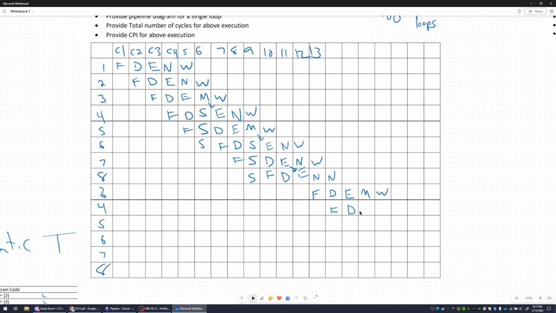So, okay, this CPI is really confusing. So lines 3 through 8, right, will run 100 times.